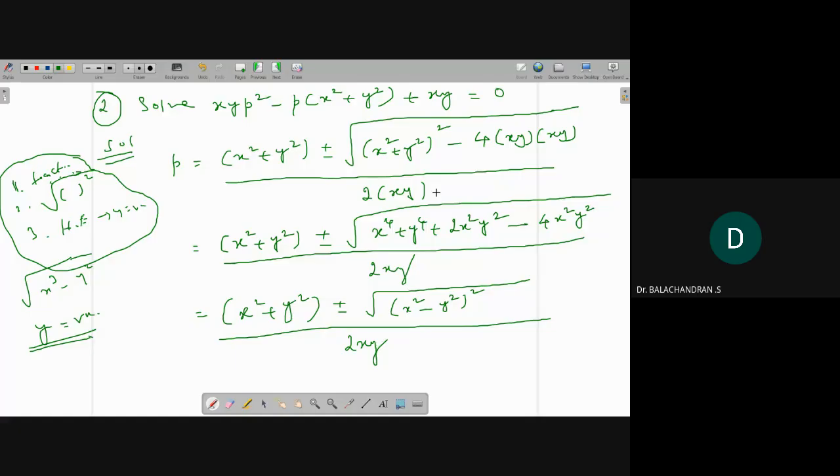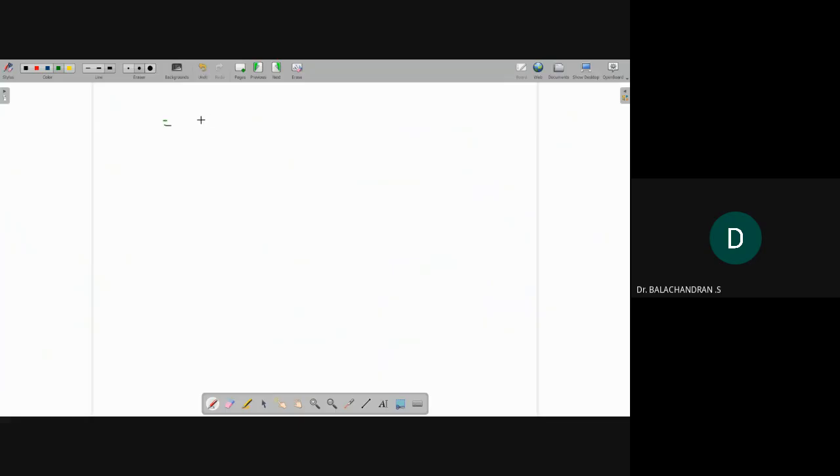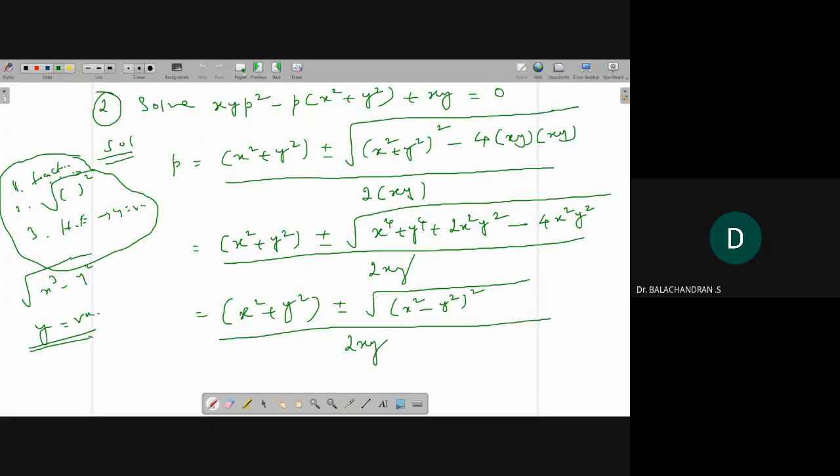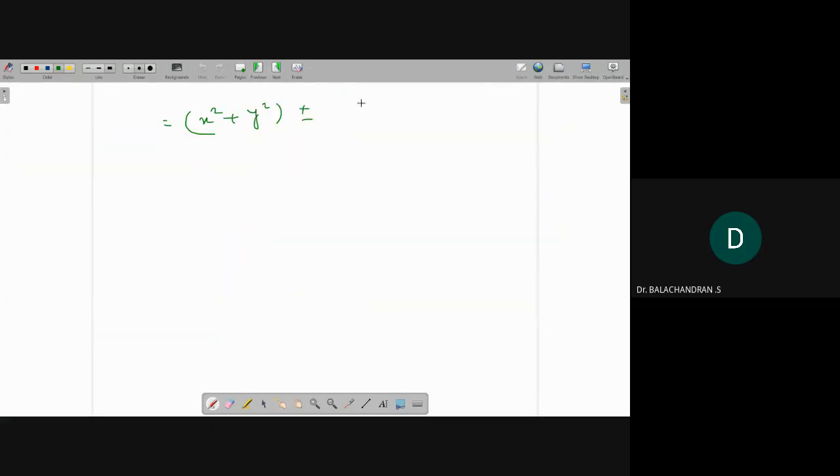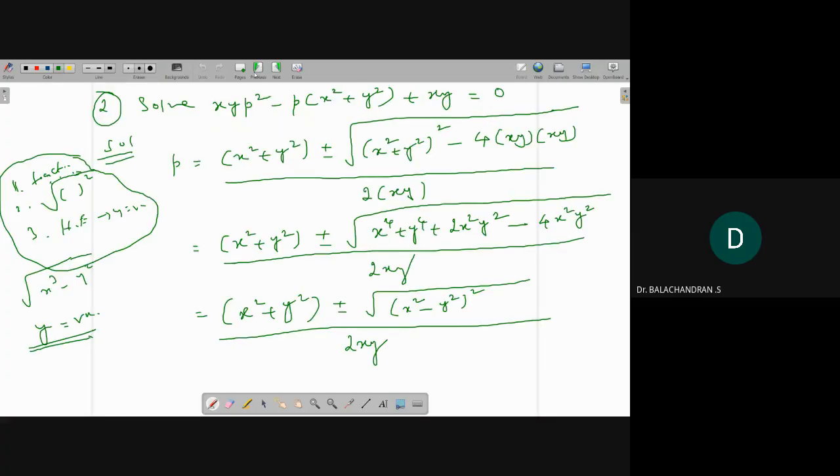Okay. Now, x square plus y square, plus or minus x square minus y square, divided by 2xy.